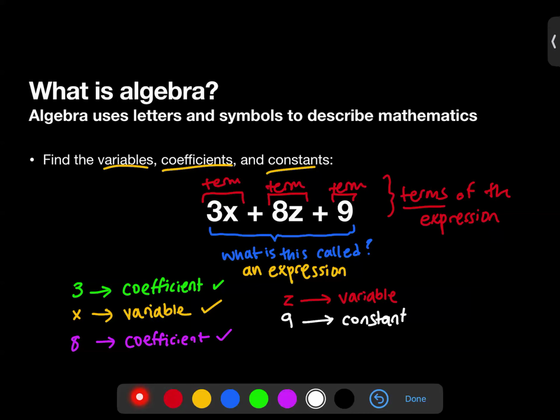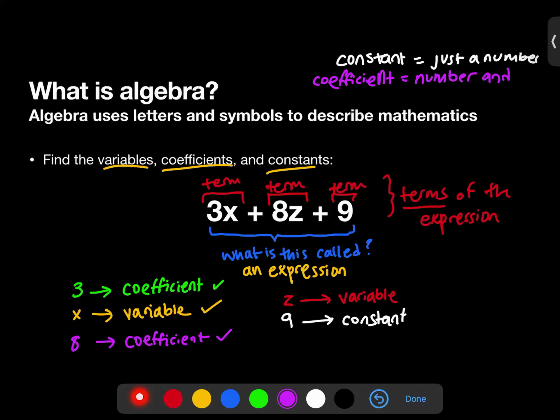So remember, constant equals just a number, and coefficient is a number and a variable.